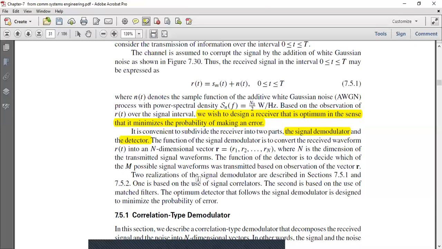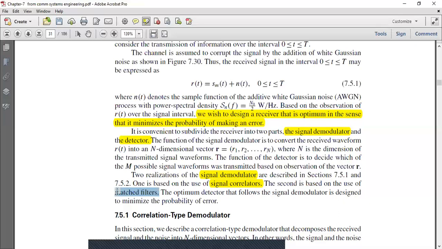Now we will talk about the signal demodulator, in section 7.5.1 and section 7.5.2. There are two types of demodulator. One is based on the use of signal correlators. The other type is called matched filters.